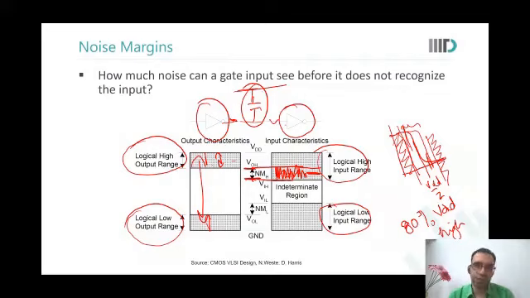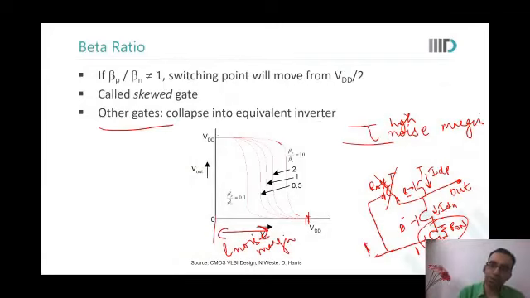But that is an assumption you are making, Raghav. In the previous slide, we simply said that this region will go up or low. I did not say that this region will remain constant also. For example, look at this curve. In this curve, this region is this big, at least.